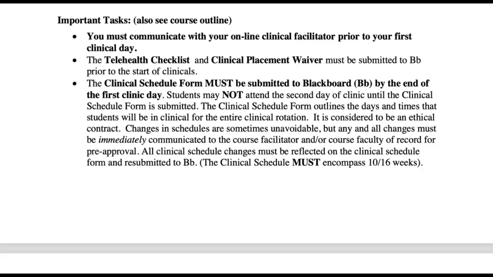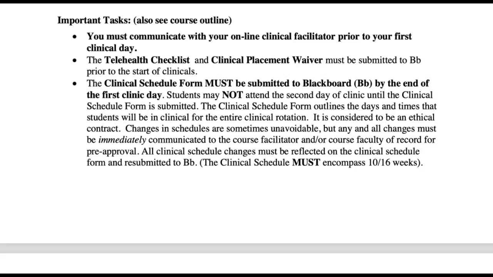Let them know how many hours you plan to complete and any remaining hours you would be making up from the spring or summer this semester. So any specialty site information for peds or women's health. If you have more than one site, provide all that information and make sure they're very clear on what you're doing. The telehealth checklist and the clinical placement waiver, again, must be uploaded to Blackboard before you can start your clinical rotation and exchange information with your facilitator.